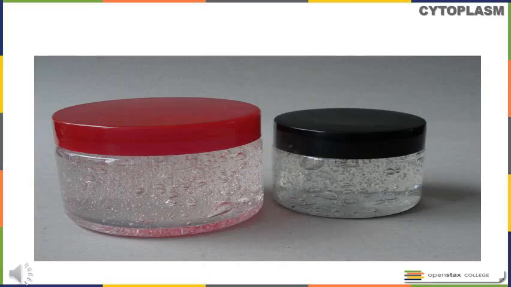So here are 2 jars of hair gel. And as noted in the previous slide, I like to compare cytoplasm with hair gel. And to me, if these were cells, we have a red cell and a black cell. This is what a cell would look like, even though they're not. These jars are not perfectly cylindrical or round.